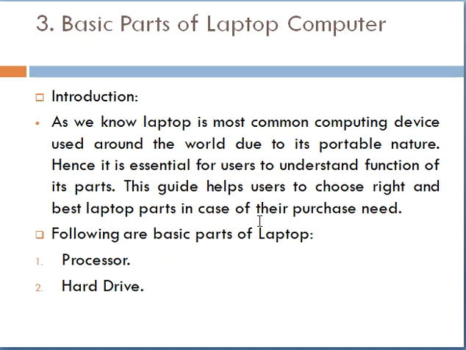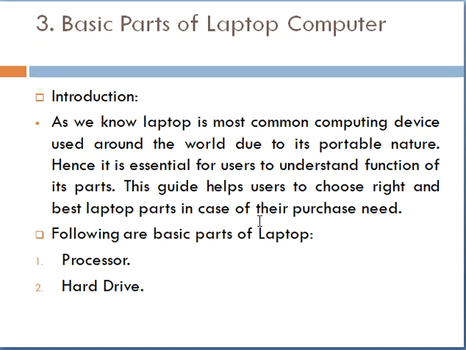Now the basic parts of the computer, and the minor difference between desktop and laptop. A desktop is a large unit of the computer and a laptop is a small unit. All the things inside the laptop are small and built into a single unit.